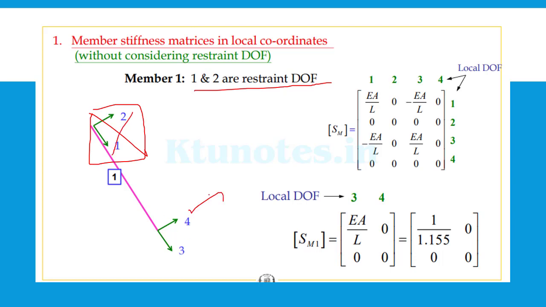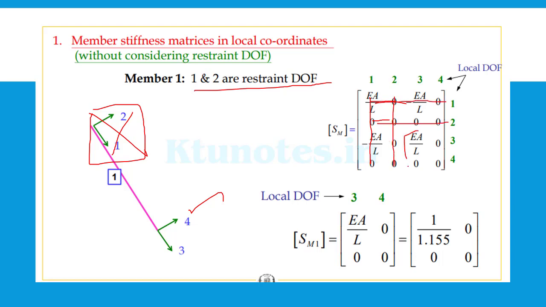So the total matrix will be Sm is equal to EA by L, 0, minus EA by L, 0, 0, 0, 0, 0, minus EA by L, 0, EA by L, 0, 0, 0, 0, 0. You know the condition very well: before that, 1 and 2 will be 0, so this entire thing will be 0.